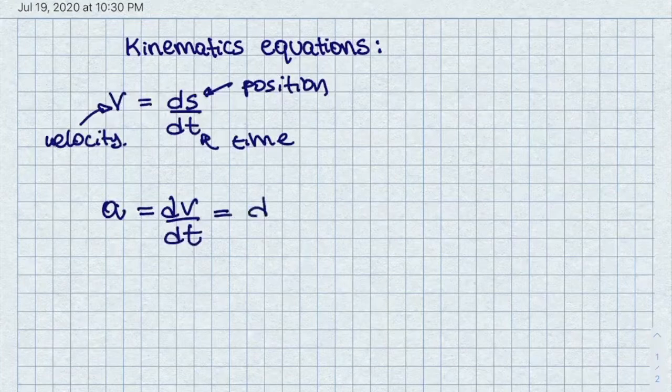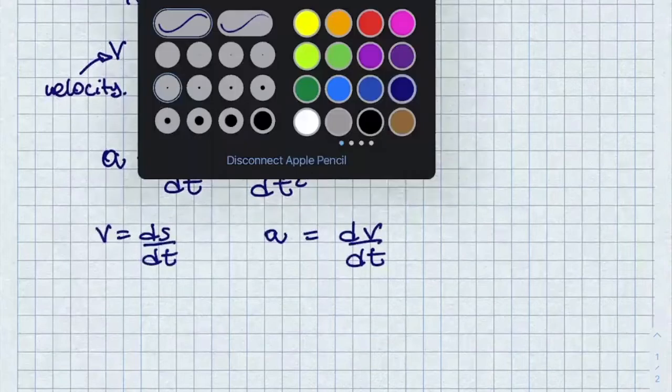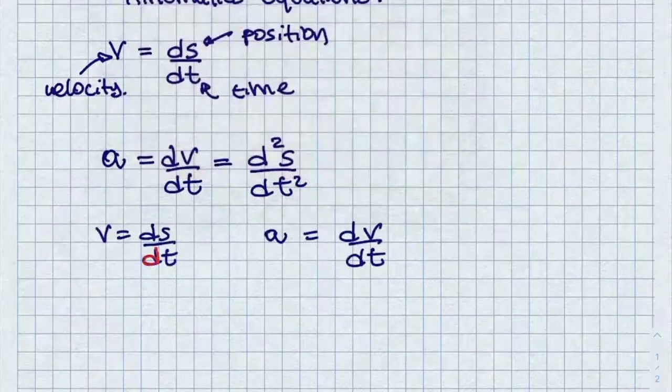or the second derivative of position. Now we have v equal to ds over dt and a equal to dv over dt. I'll highlight dt with red and try to calculate for dt, and let's see what we get.